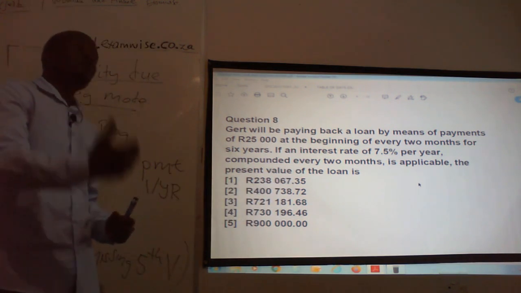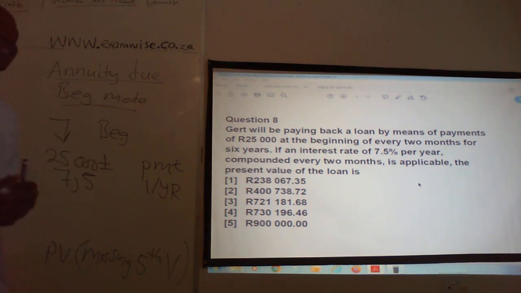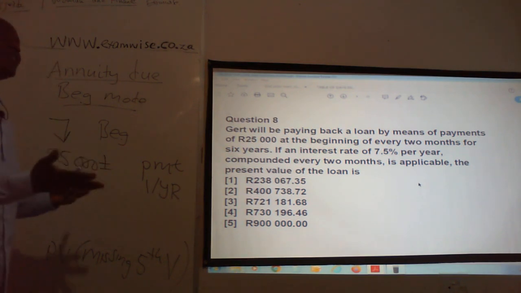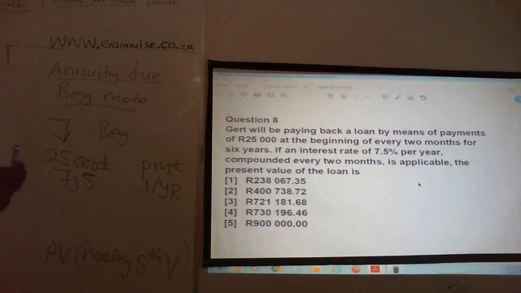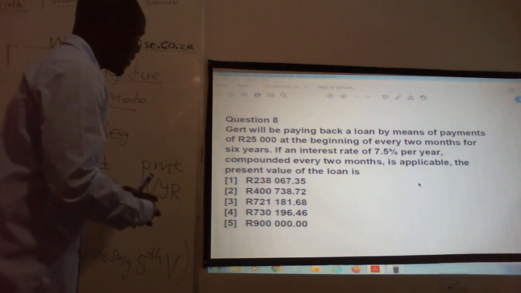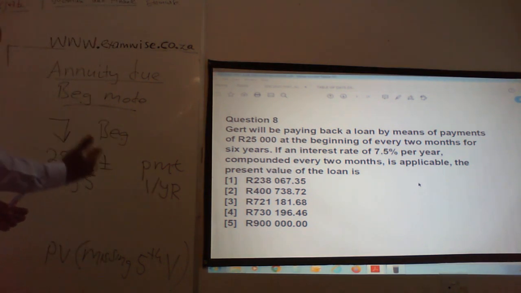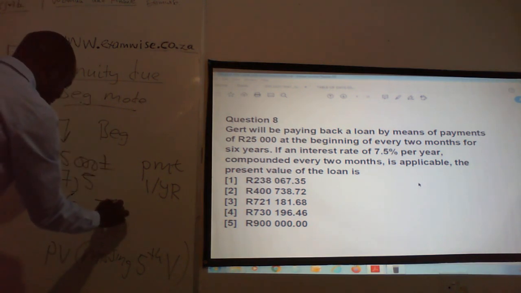So interest is compounded every 2 months, and we need the number of times interest is compounded per annum. So if interest is compounded every 2 months, then it will be compounded 6 times per annum. So it will be 6.